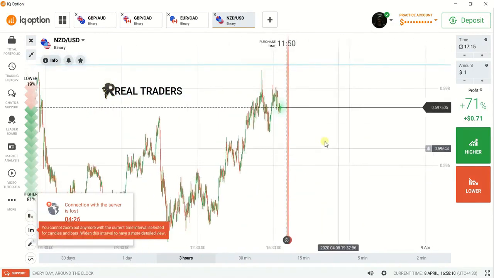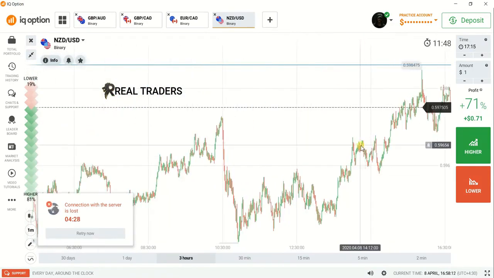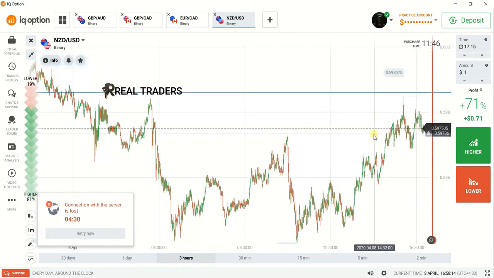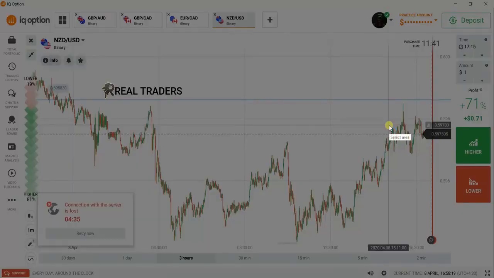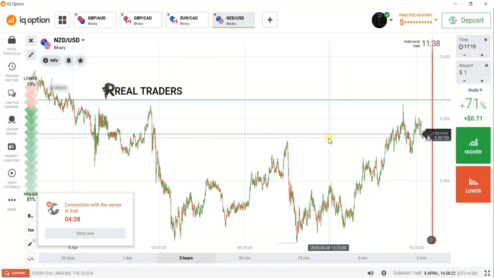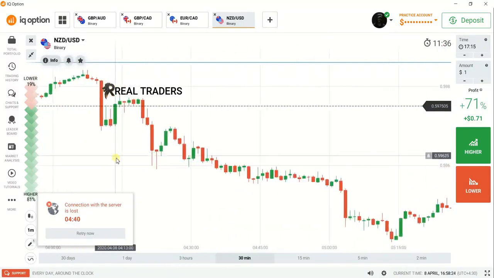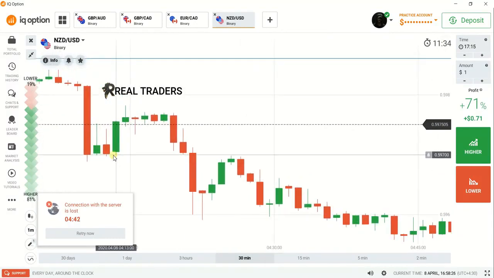So these are the patterns you can use in the market, and these patterns will help you know how the market will move, and when the market comes to this level, you don't place a higher option.